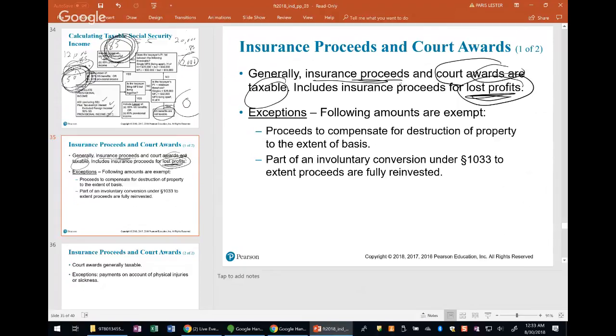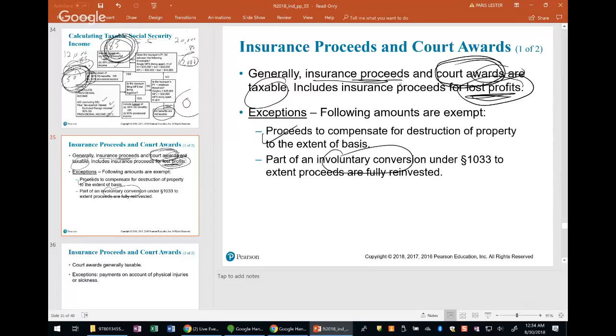Okay, now court awards. If you're hurt in a car accident, you got a whiplash, you're going to collect from the insurance. It's tax-free. That's injury. If you get insurance back for your property, if you wreck your car, the insurance company fixes it. All right. Involuntary conversion proceeds are fully reinvested.